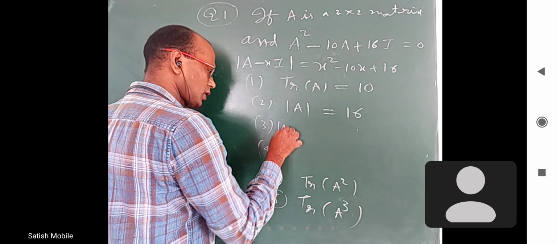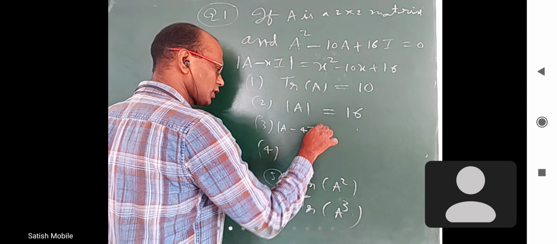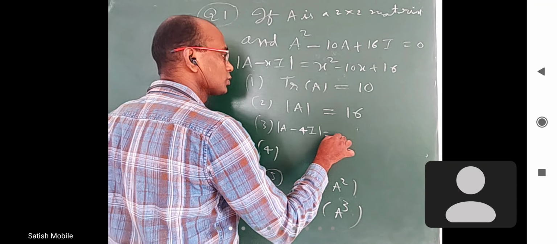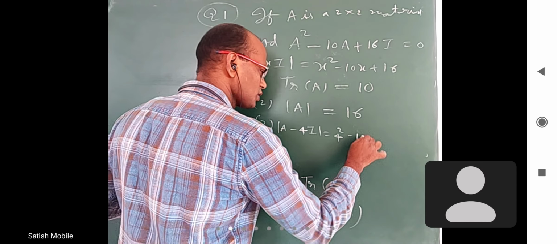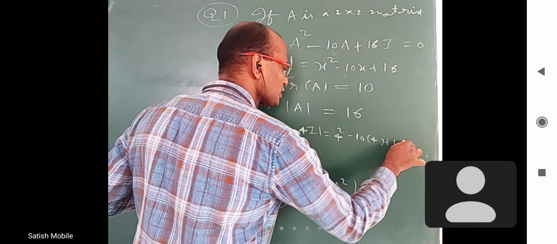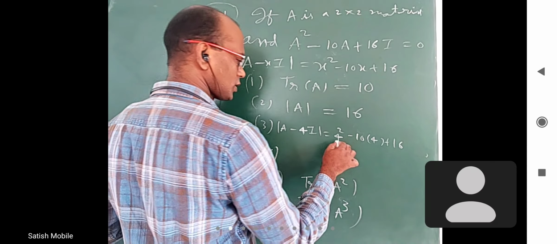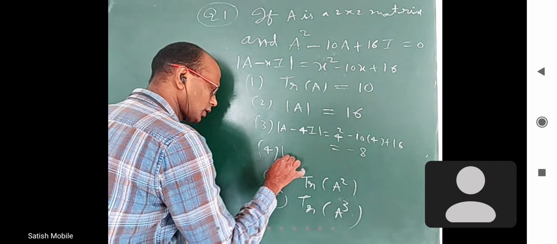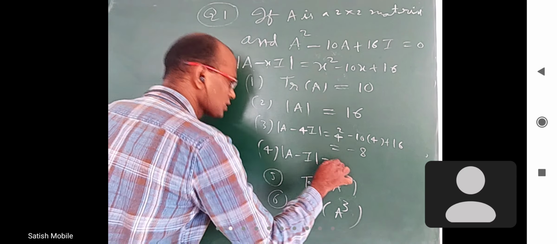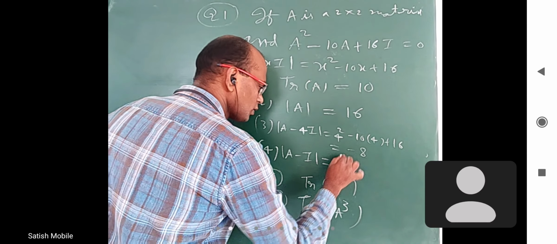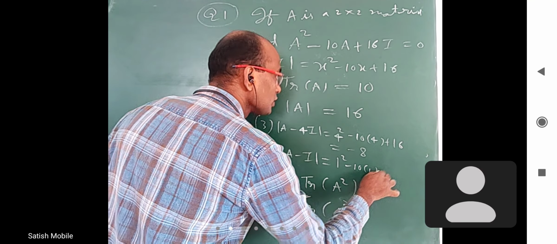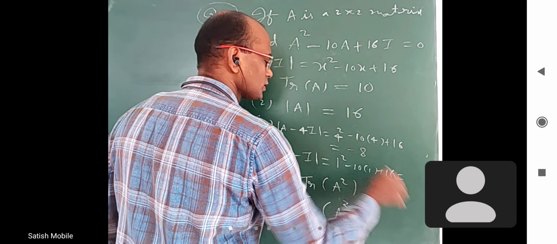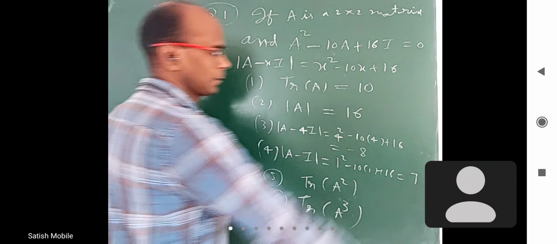Det of A minus 4I is equal to 4 square minus 10 into 4 plus 16. 16 plus 16 is 32, minus 40, so minus 8. And det of A minus I means simply put x equal to 1. 1 square minus 10 into 1 plus 16. 17 minus 10, it is 7.